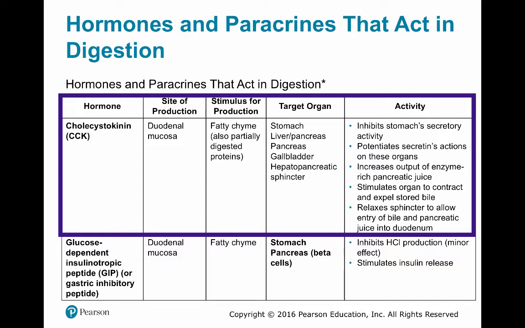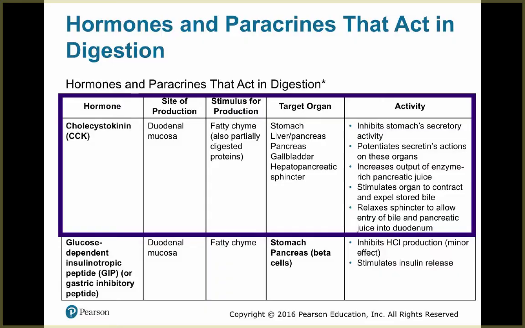And so here is CCK, and you can see hormones and paracrines that act in, and we talk a lot about different ones, but this is used to help basically with the inhibition of some of the gastrin released during the intestinal phase. And so the site of production is in the mucosa of the duodenum.